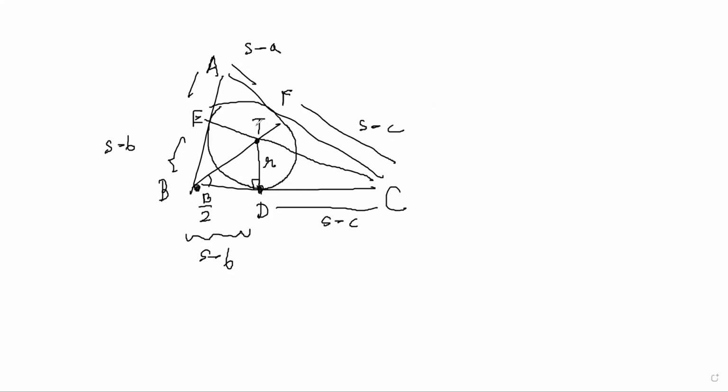Got it. So now take the same triangle IBD. In that triangle, again, write tan B by 2 is equal to R by BD, right?